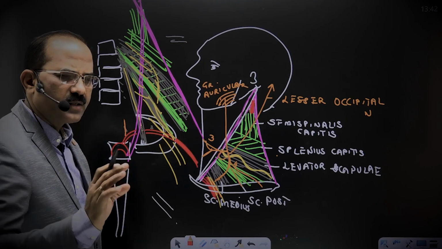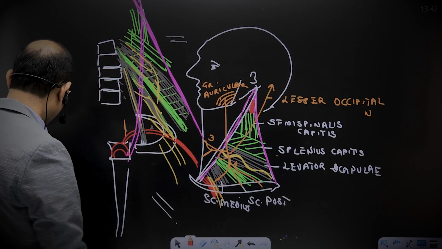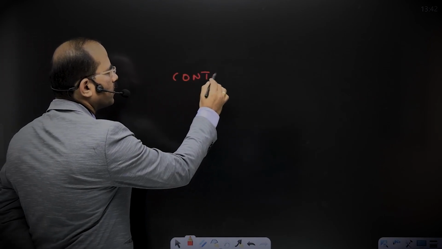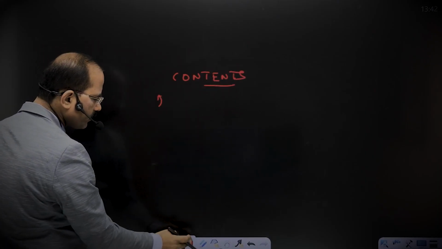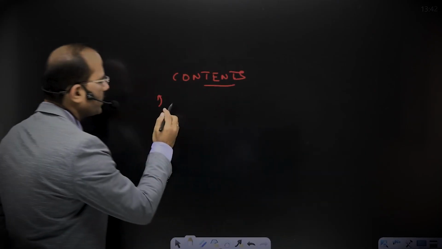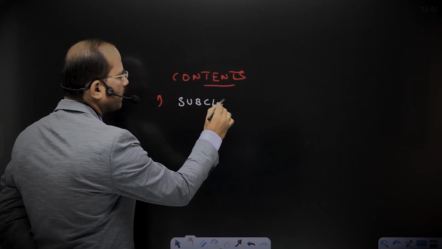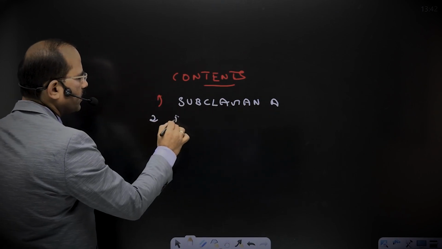Fine. Let me just put this on the paper, students. Contents of posterior triangle. Number 1 is subclavian artery. Second is the brachial plexus.